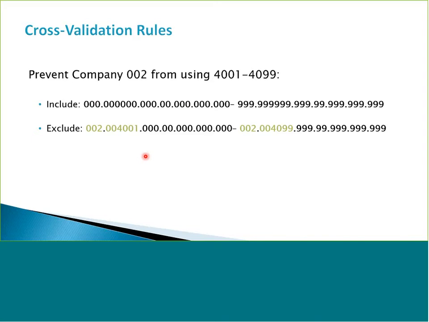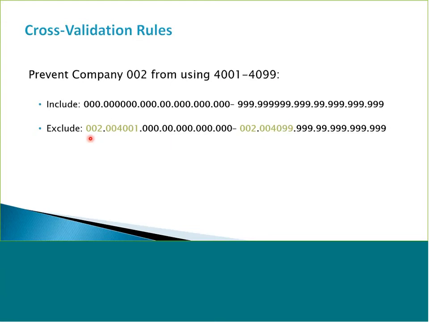And then the range of natural accounts is from 4001 to 4099. So for this particular rule, company two can use 4000, but it can't use anything starting from 4001 going up to 4099. So you will see that this range starts from 4001 to 4099.